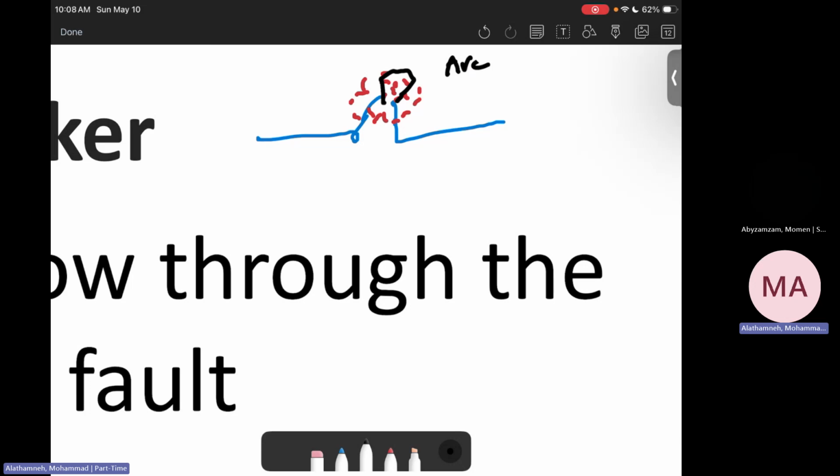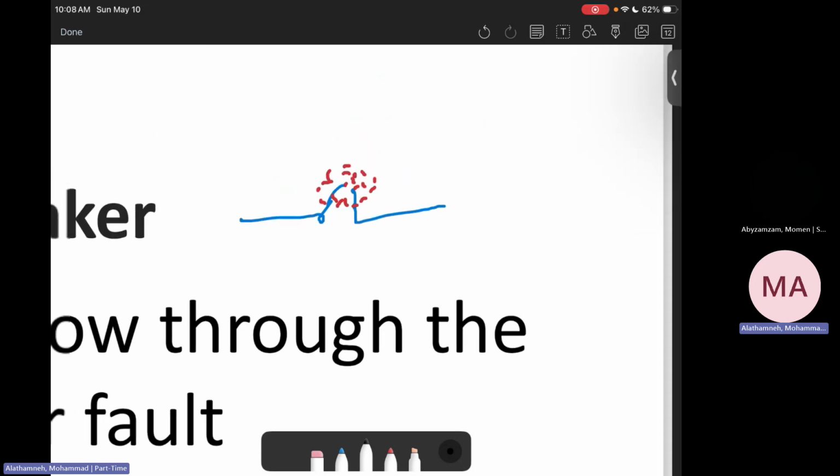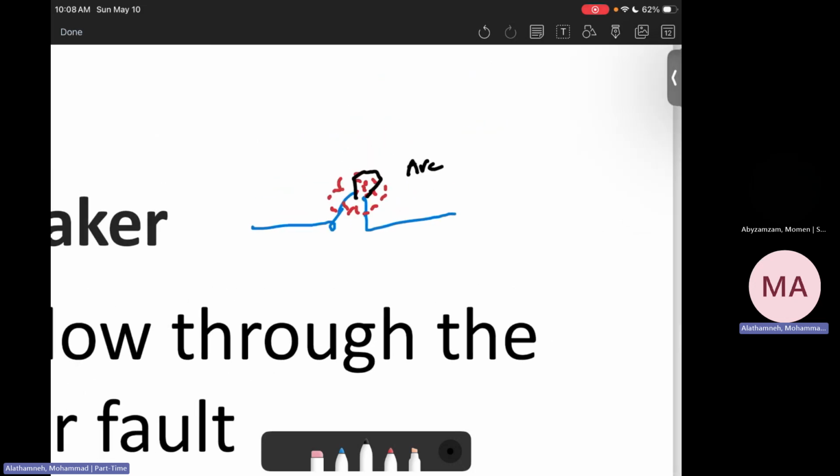That arc we need to extinguish. If that arc remains, the current keeps flowing, which defeats the purpose of the circuit breaker, as it keeps conducting electricity. So the goal is to extinguish this arc as quickly as possible and to reach zero current. We want to reach this stage where there is nothing connected. Even if the medium is ionized here, there is no arc between them.